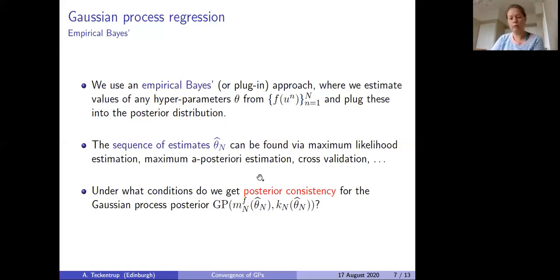And then what I'm interested in is what conditions I need to get this posterior consistency that I was talking about earlier. So what conditions do you need for the mean to recover the true function f, and for the posterior variance to go to 0? Okay.